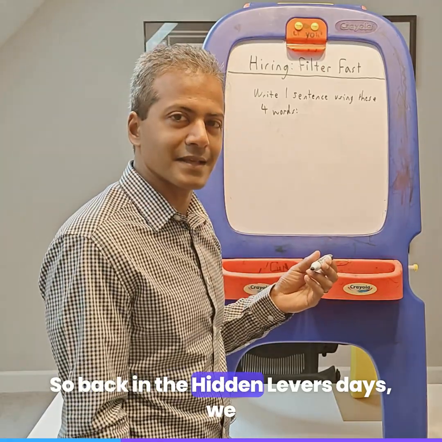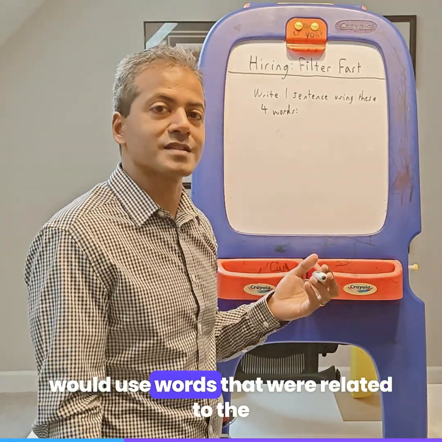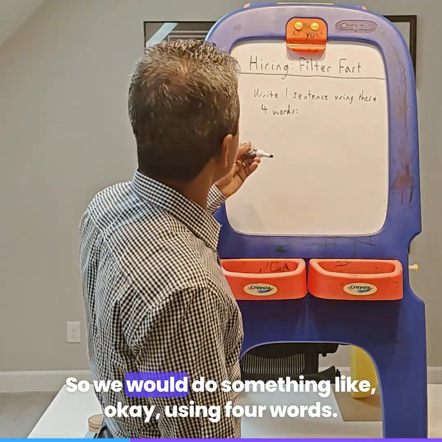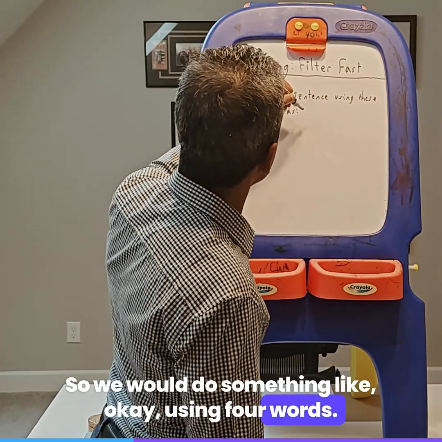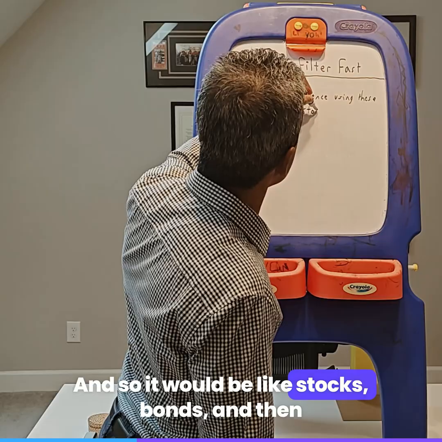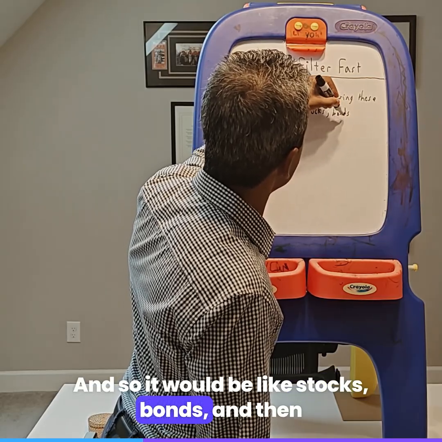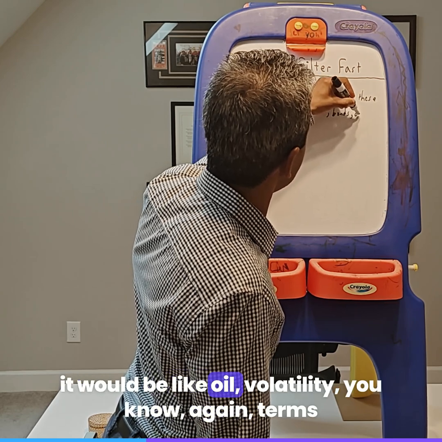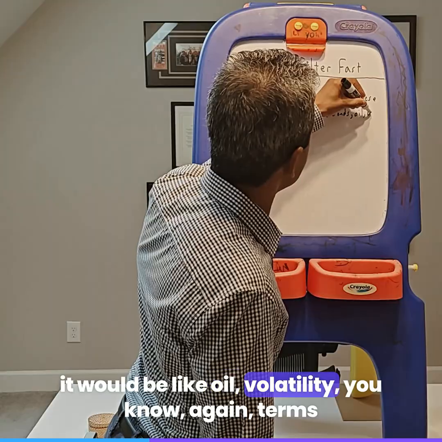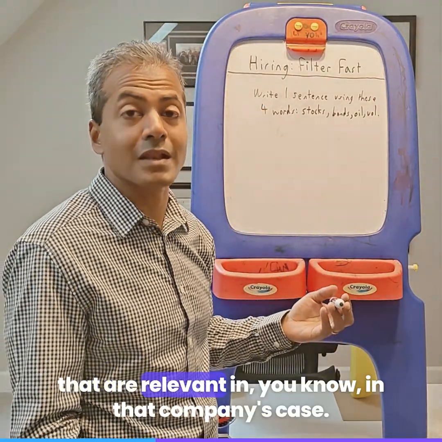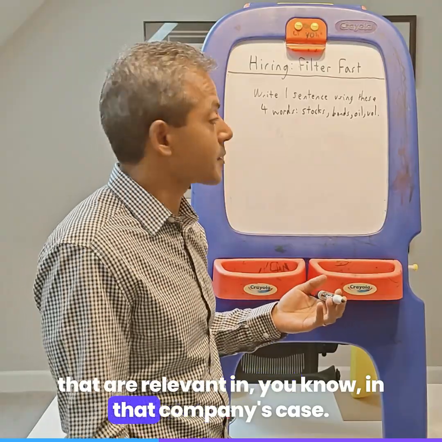So back in the Hidden Levers days, we would use words that were related to the markets and finance and the economy. So we would do something like, okay, using 4 words, and so it would be like stocks, bonds, and then it would be like oil, volatility, again, terms that are relevant in that company's case.